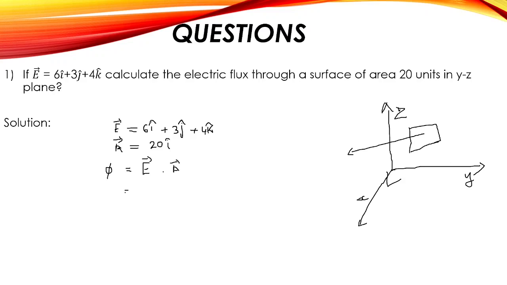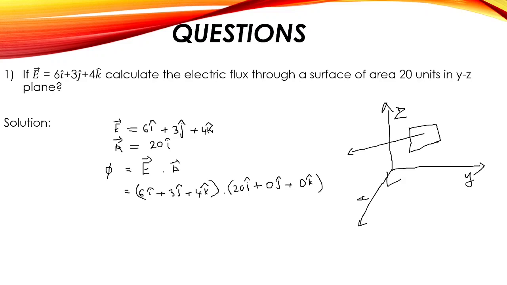So that is equal to 6i cap plus 3j cap plus 4k cap, dot product with the area vector, that is 20 i cap. Is there any value for j cap and k cap? No. So if you need, you can write it as 0 j cap plus 0 k cap.